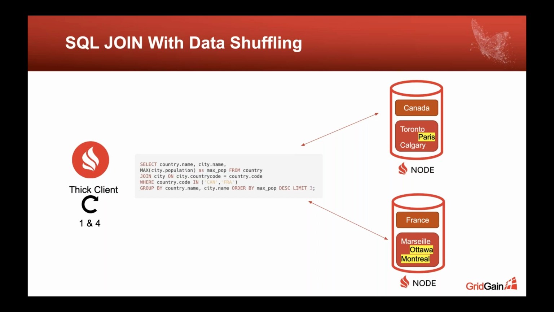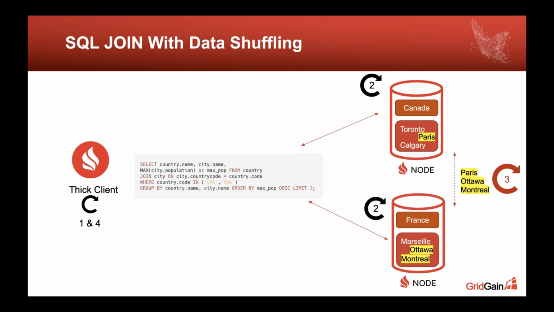Let's assume that now our thick client wants to execute this query that joins data stored in country and city tables, and when this query will be mapped to those 2 cluster nodes, those cluster nodes will start executing the query locally over the data set, but when they come to the join phase, they will start talking to each other and moving data from one node to another.